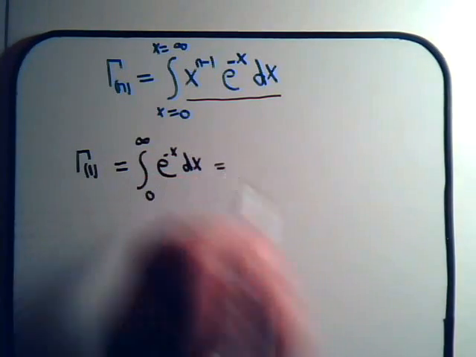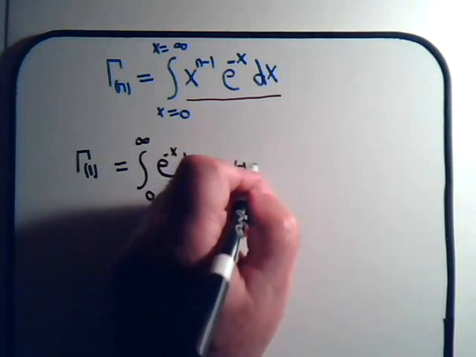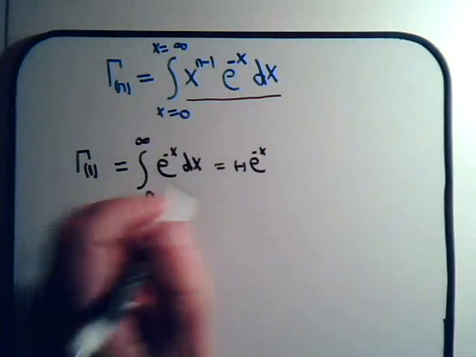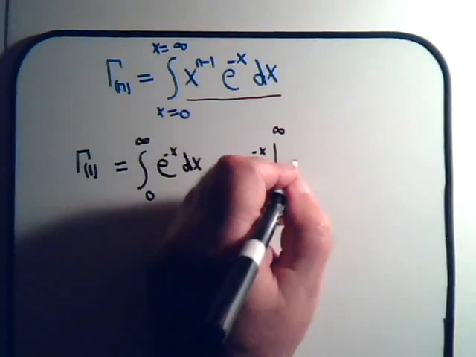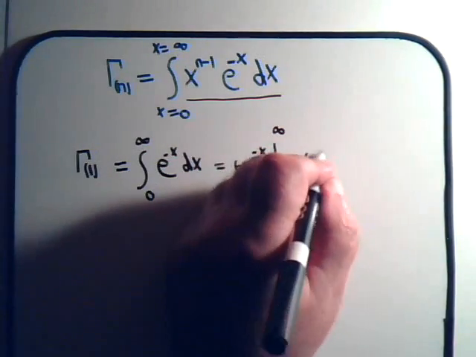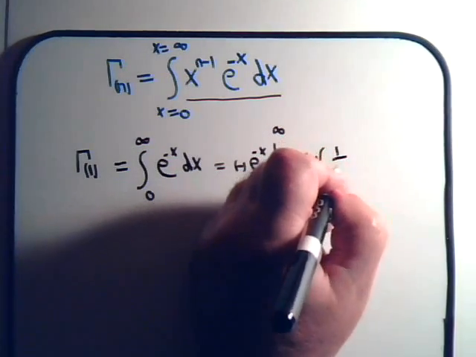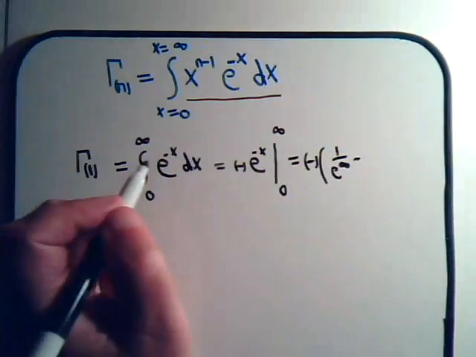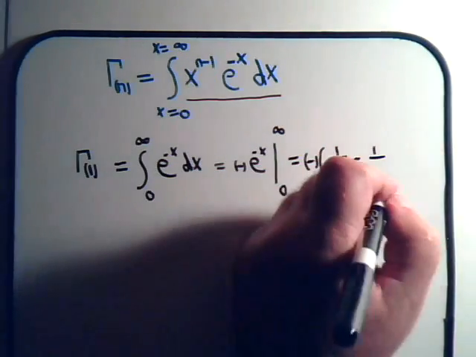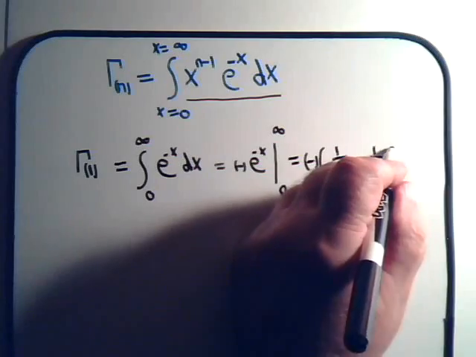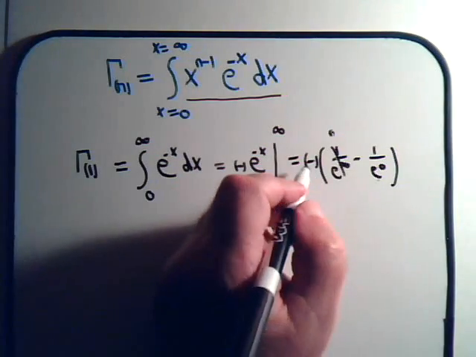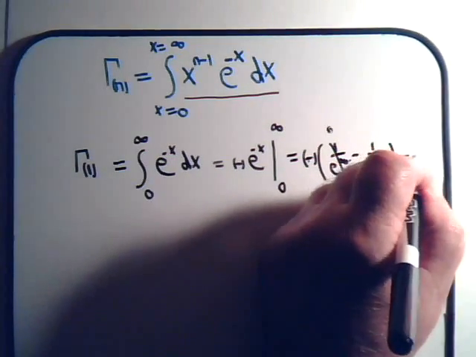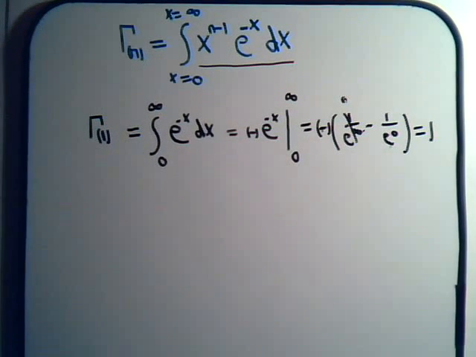And that's just going to be very easily minus e to the minus x going from 0 to infinity, and that will equal minus 1 over e to the infinity minus 1 over e to the 0, and that is 0. e to the 0 is 1, so here we have minus negative 1 equals 1. So the gamma function of 1 is 1.